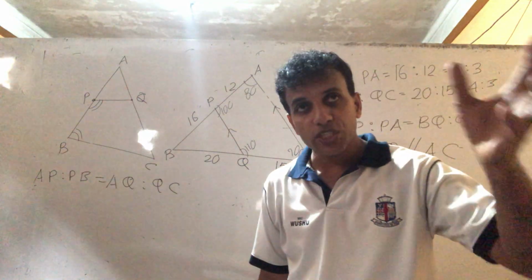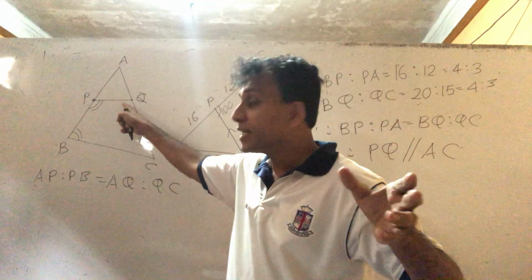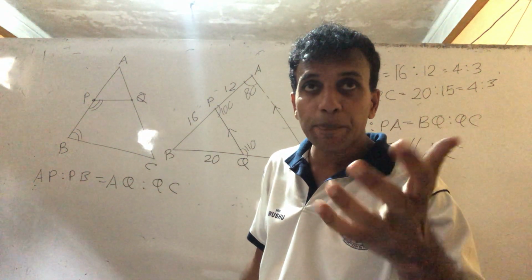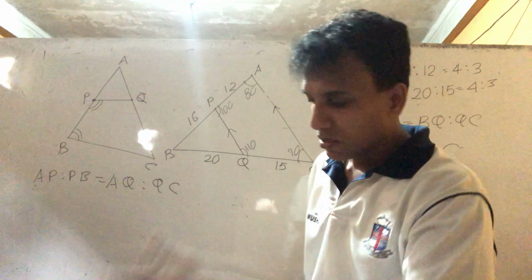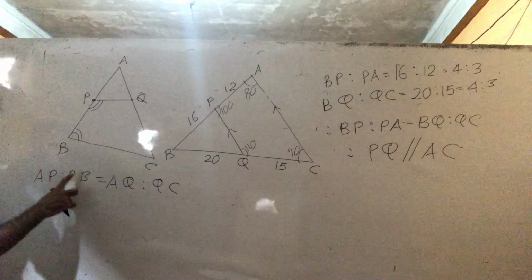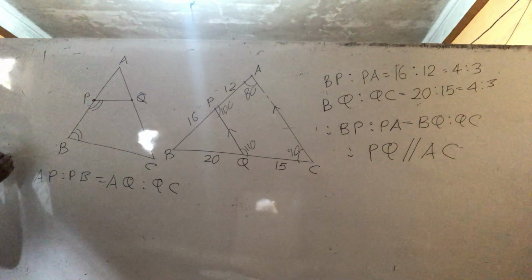So there's some notation just to complete this ratio part and tell the lines are parallel. Therefore, the sum of the allied angles is supplementary, 180. So we can write AP is to PB equal AQ is to QC. Given that.